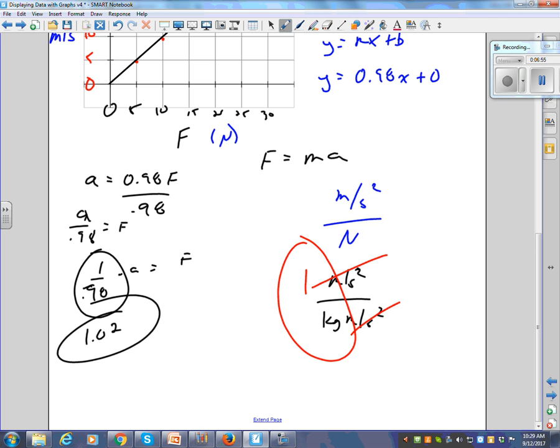Alright. Are you kind of comfortable with this sort of stuff? What do I expect you to be able to do? I expect you to be able to make a graph, find the slope, estimate the y-intercept, and write an equation. And I expect you to be able to come up with the unit and the meaning for the slope.